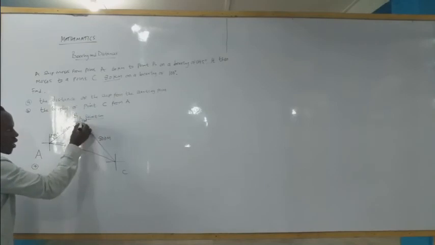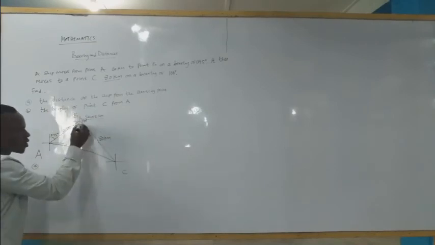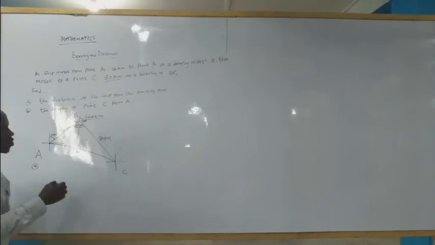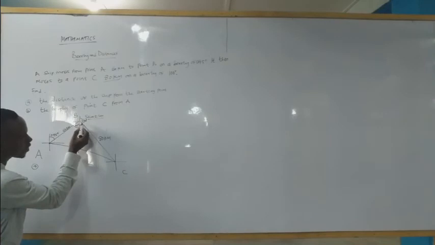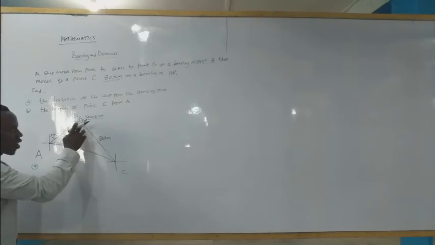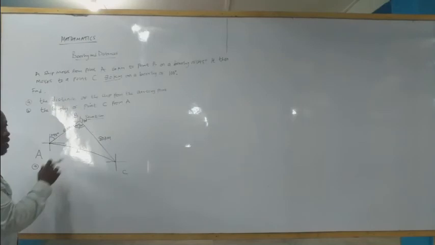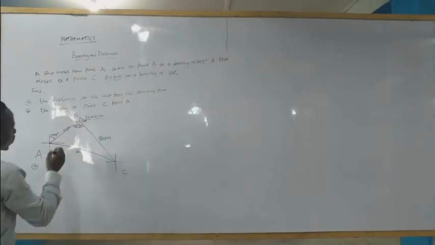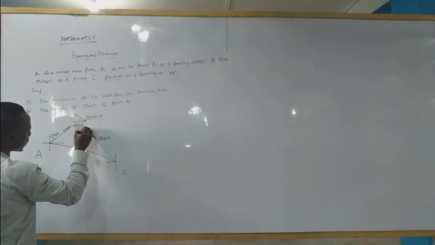Again, angle on the straight line: this is 100, meaning that here is 80, since the sum of angles on a straight line is 180. So we remove 100 from 180 to get the remaining angle. The total angle here is 45 plus 80, which gives us 125 degrees.